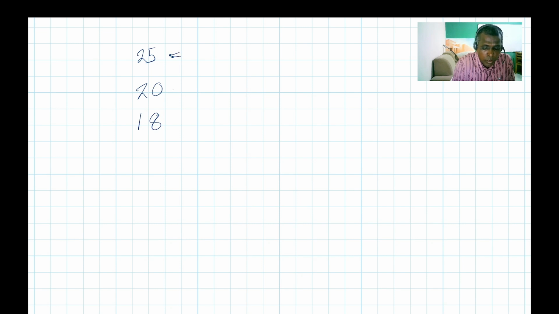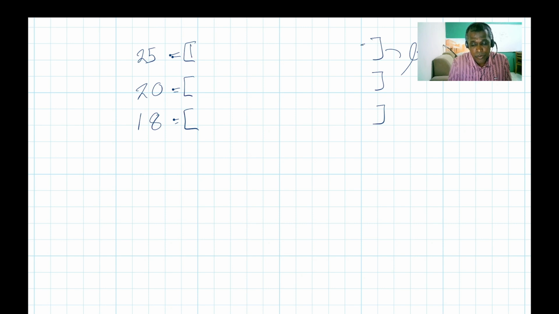I am going to write down the factors for this. It is limited, it is not going to be infinite, that is why I can close this bracket. What are the factors? It is coming with the 1 table: 1 and 25. Next, is it on the 2 table? No. Is it on the 3 table?